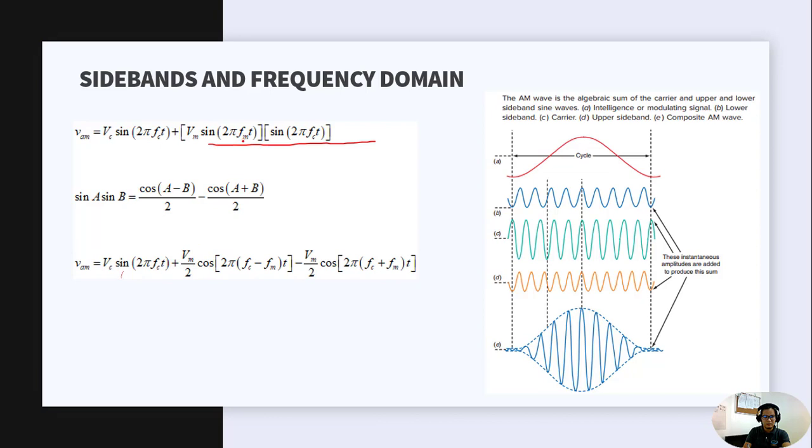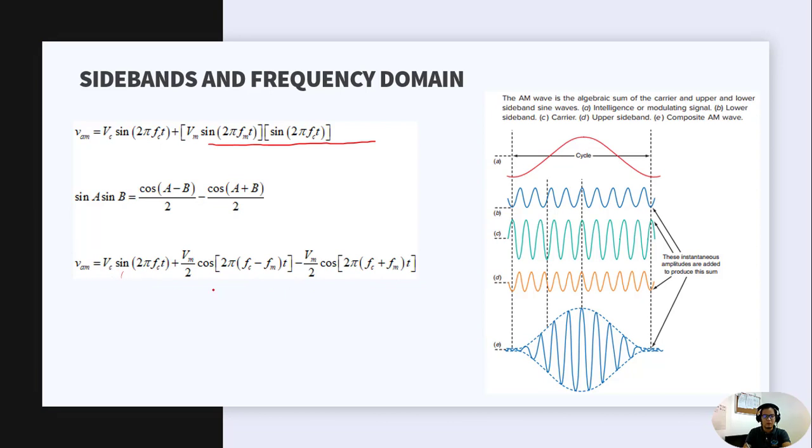So ito ang A niya, ito yung B. So that would be plus Vm over 2 cosine 2 pi (fc minus fm)t minus Vm over 2 cosine 2 pi (fc plus fm)t. Now, ito na pagka-dinistribute natin tong equation na to. Now, bakit ko ginawang ganito yung equation?